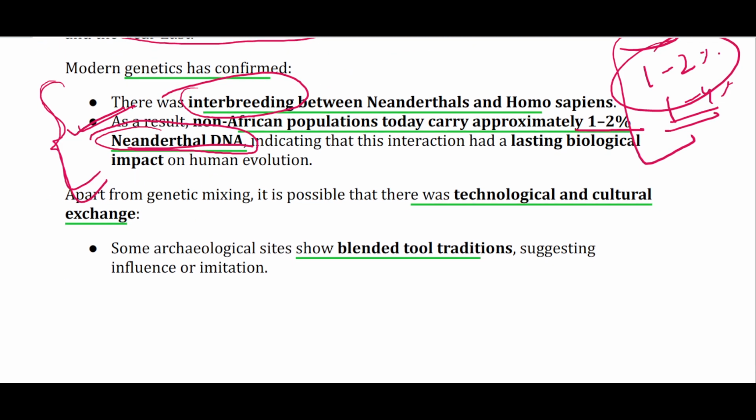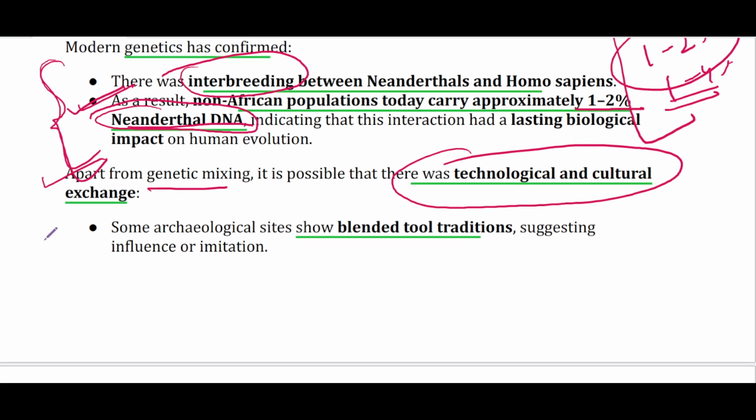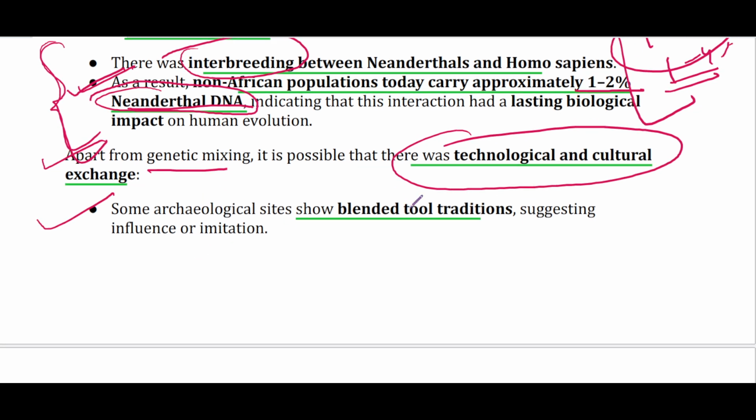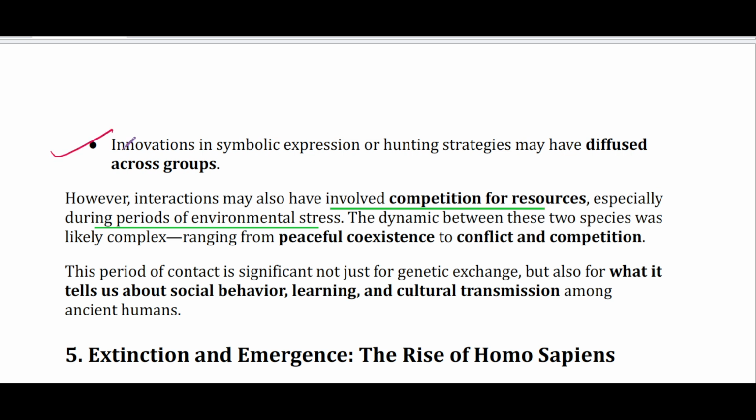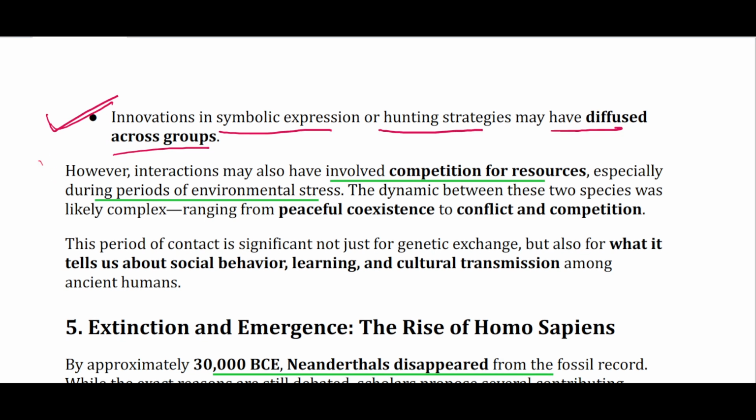Apart from this interbreeding and genetic mixing, it is also possible there was technological and cultural exchange, because some sites show blended tool traditions, meaning some imitation, copying, and influence had happened, and many symbolic expressions and hunting strategies might have diffused across groups. Something went from Homo sapiens to Neanderthals, and something came from Neanderthals to Homo sapiens.